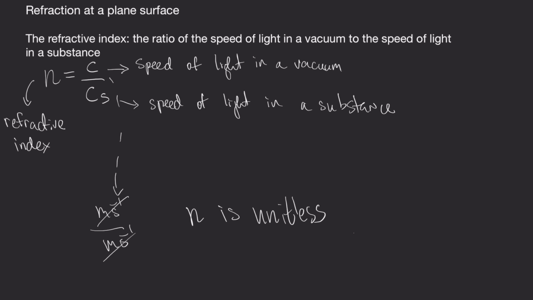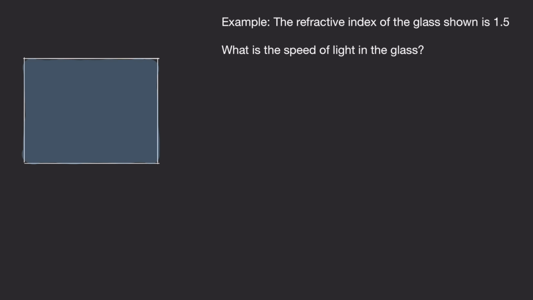So for air, we actually have a very tiny refractive index, like 1.006 or something like that, but it's approximately equal to 1. This is approximately equal to n in a vacuum, and we just assume that to be equal to 1.